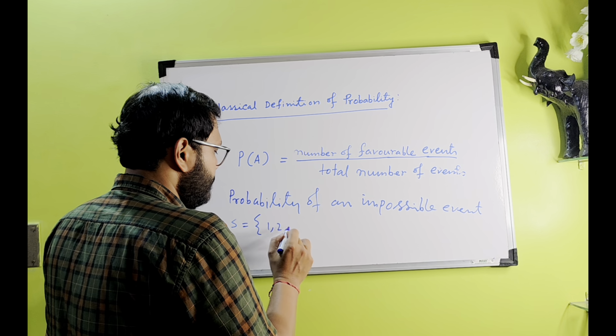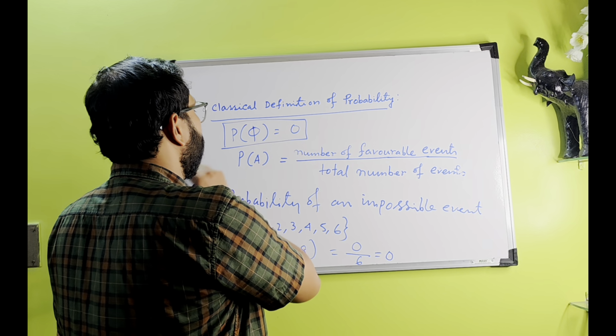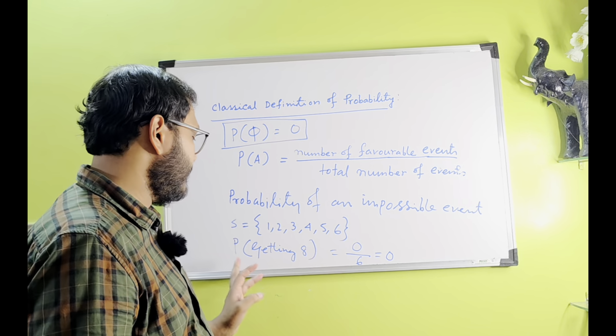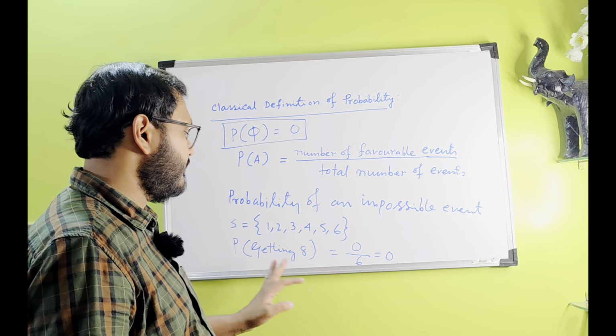So it will be 0. So the probability of an impossible event is 0. So P of phi equals 0. I hope it's clear.